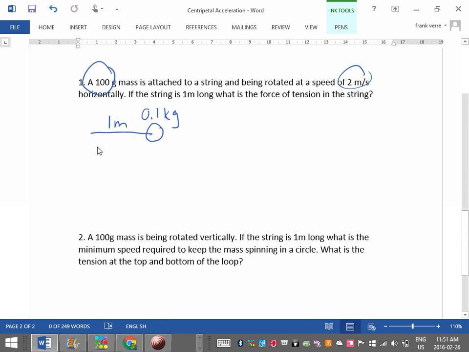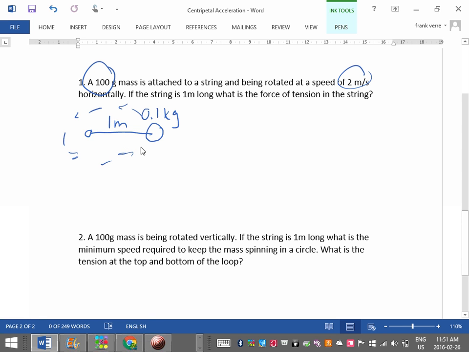Now, this object is rotating in a circle, so it's going like this. If you were to watch it from the side, what's pulling it towards the center of the circle? What's the only force? Right.